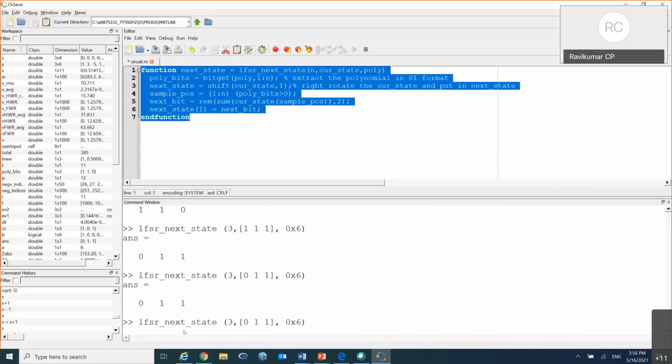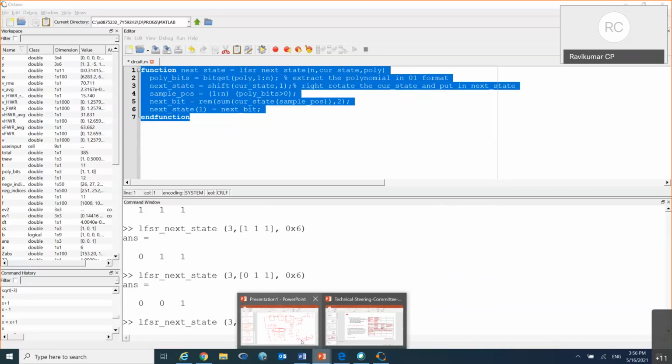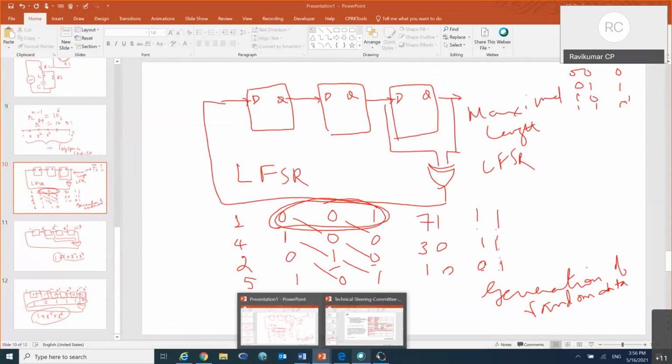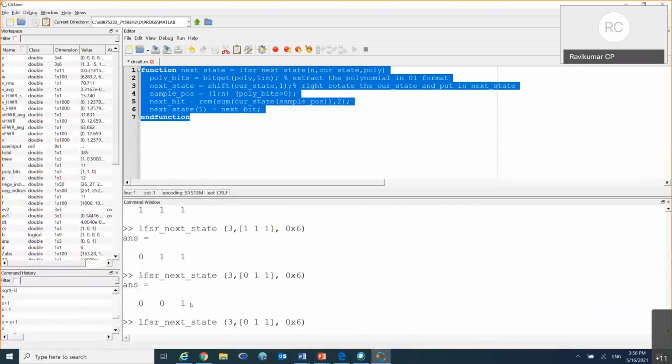See, I got the same states which I was getting here also, right? So 1, 4, 2, 5, 6, 7, 3. So I would have got the same states here.